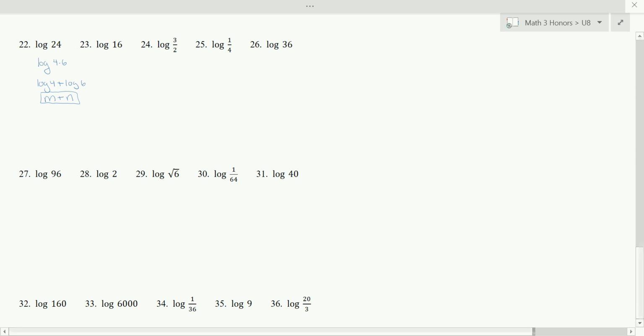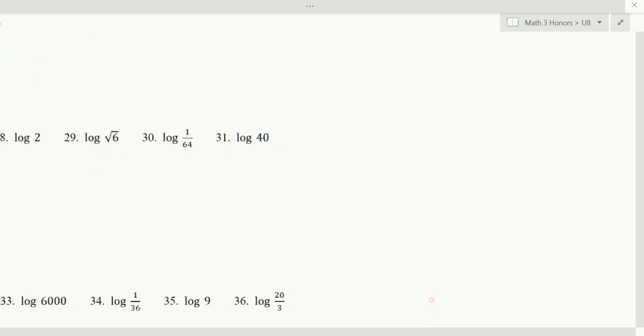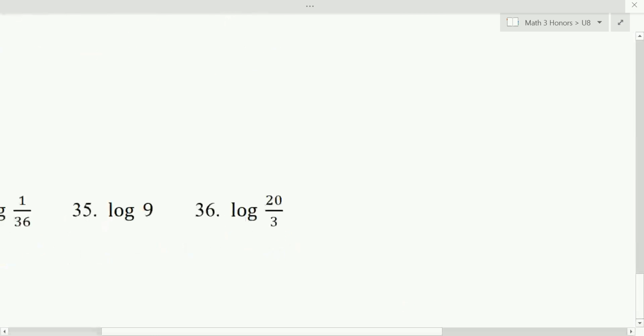How about 36? 36 doesn't look as obvious, right? We got log of 20 over 3. And so let's see if we can get that one together. So we know that, what do we have? Log of 4 is m, is that right?